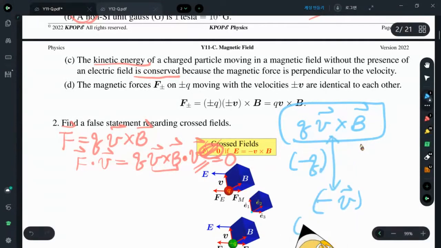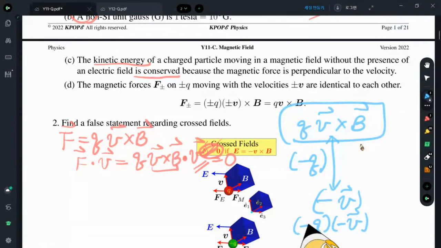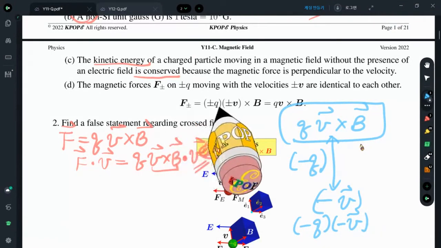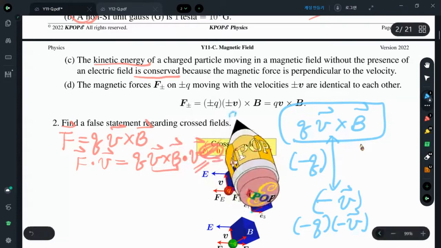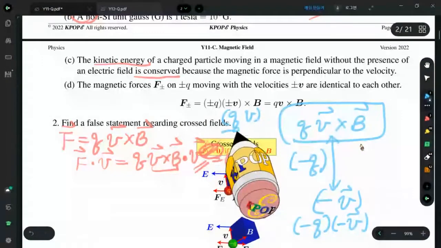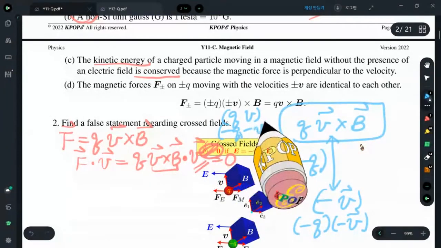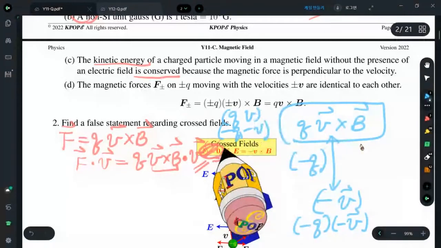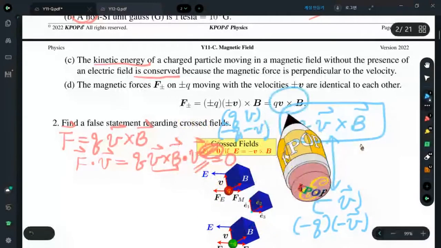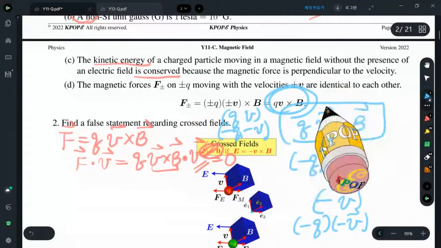If I replace the charge and velocity, both of them simultaneously, then minus minus becomes a plus. Therefore, plus q moving with v and minus q moving with minus v experience the same magnetic force.